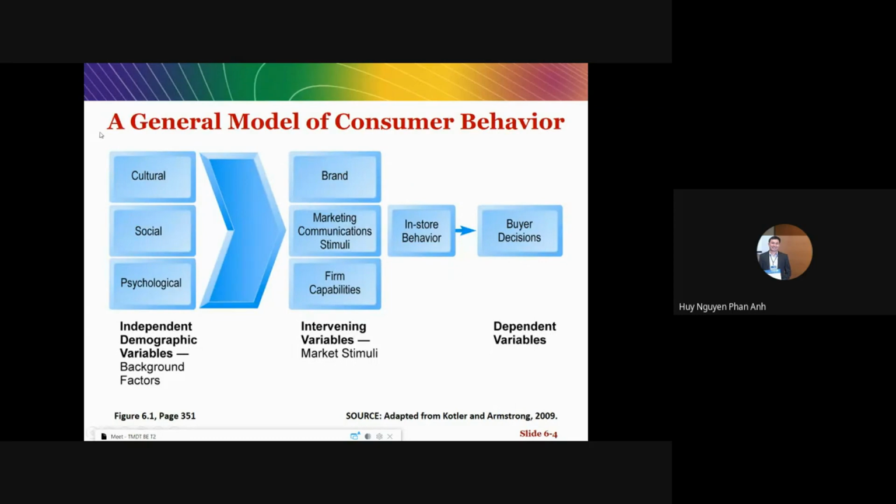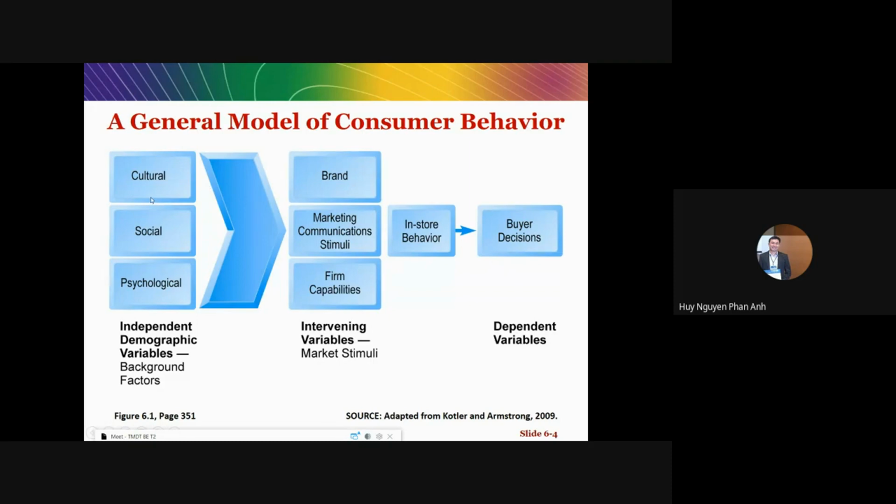So this is the general model of consumer behavior. You can see that the final variable over here, we call the dependent variable, which is the buyer decision. This is our target, right? To stimulate them to buy our products.